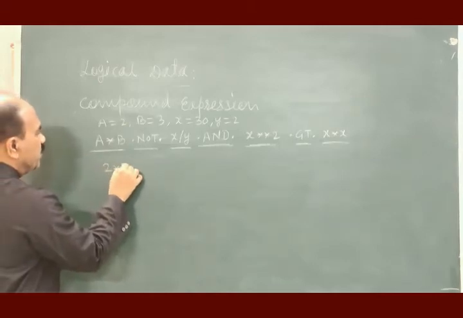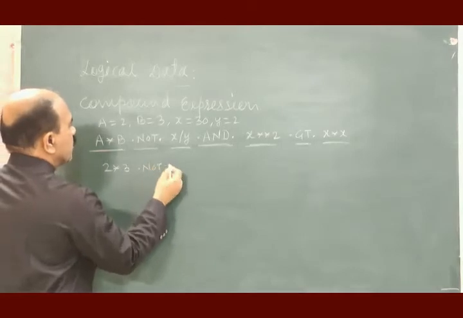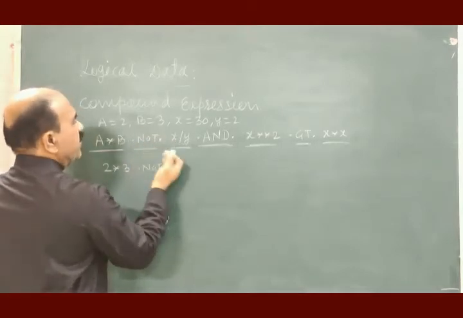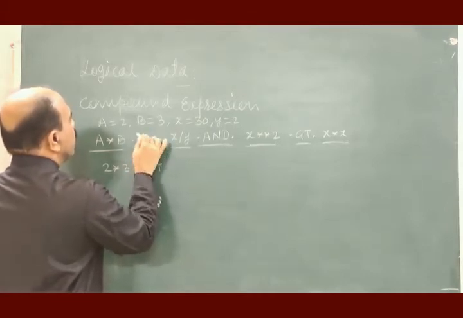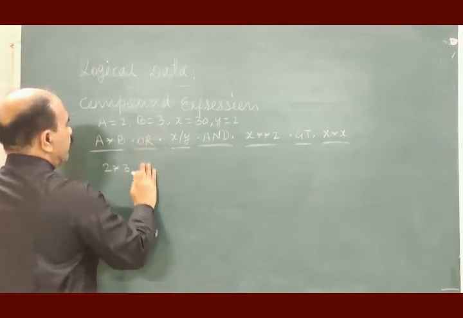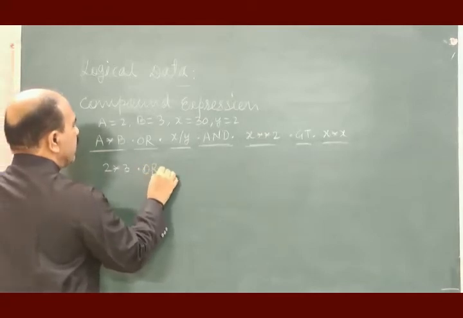2 into 3, not, or instead of not, you can use anything, but not is used for only one variable. So, let me put here or. Not operates only on a single variable.